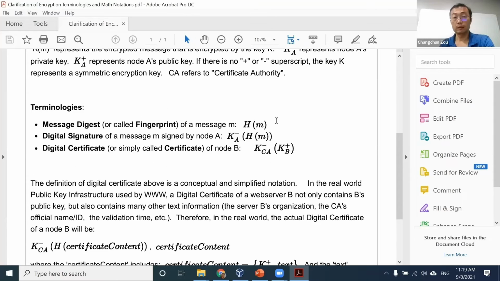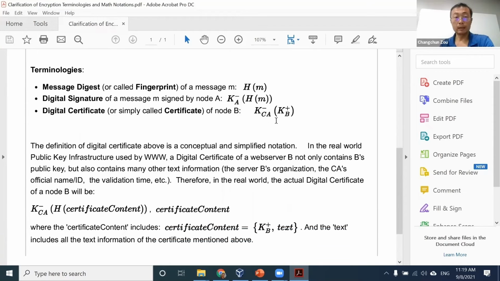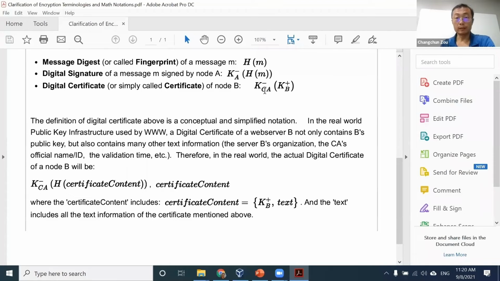And in the real world, this certificate, this is just a conceptual representation. In the real world, a digital certificate contains not only B's public key, but also a lot of text content. So the actual encryption is like this.